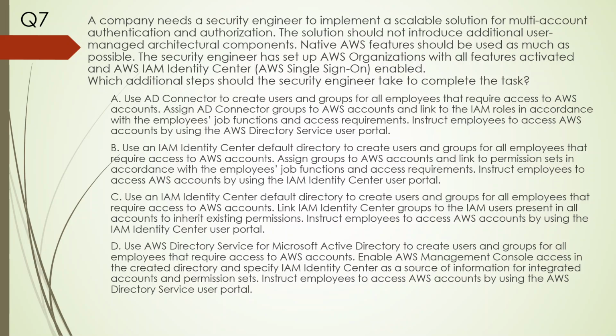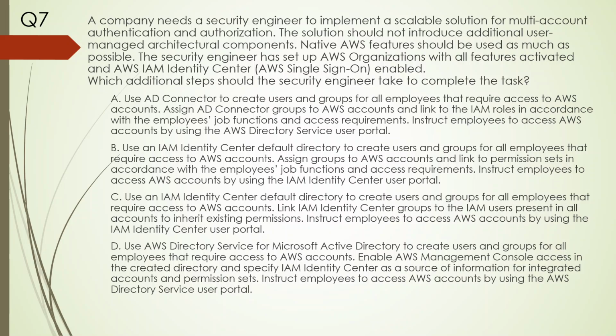Letter B. Use an IAM Identity Center default directory to create users and groups for all employees that require access to the AWS account. Assign the group to AWS accounts and link to a permission set in accordance with the employee's job function and access requirement. Instruct the employees to access AWS accounts by using the IAM Identity Center user portal.